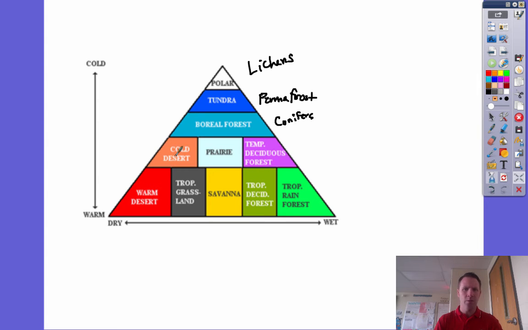As we start getting warmer, we also then start worrying about dryness and wetness, because that is going to affect what biome it is. So we didn't really talk about cold and warm deserts, so we talked about the prairie, and we talked about the deciduous forest. So Lower Michigan is a deciduous forest.